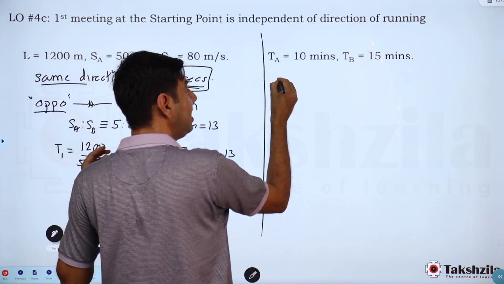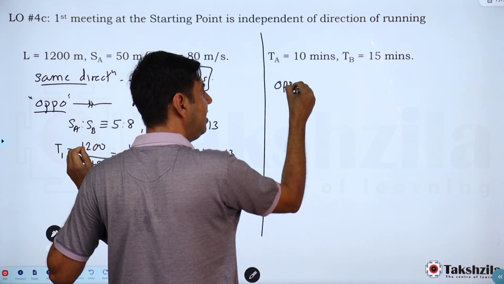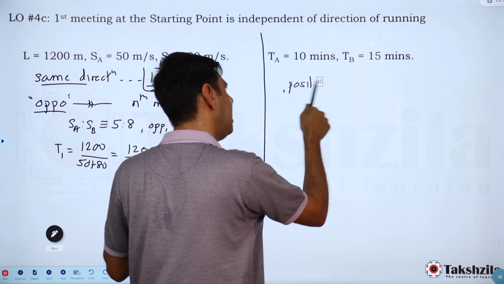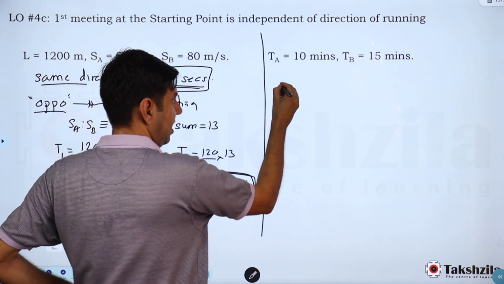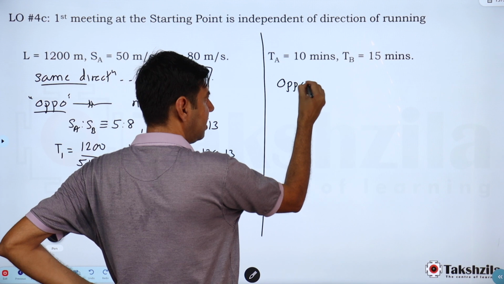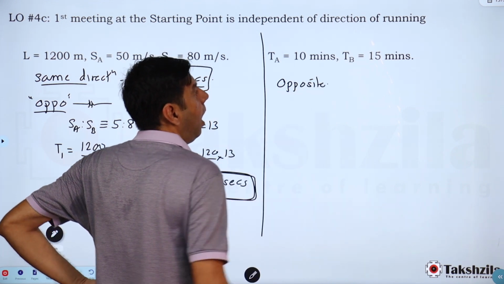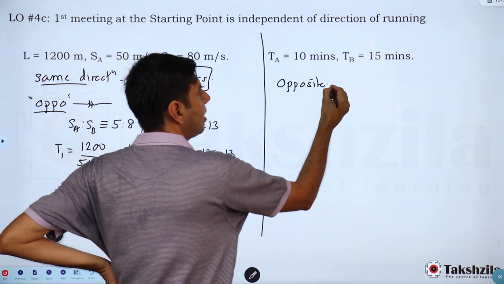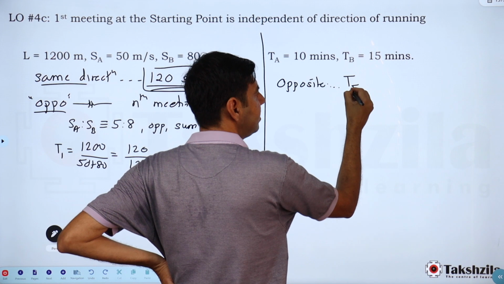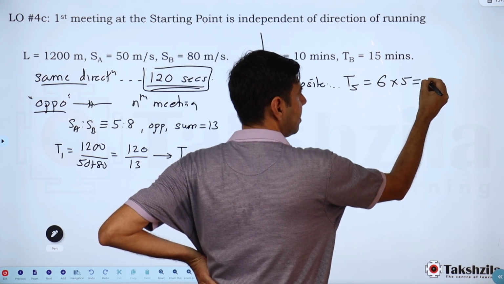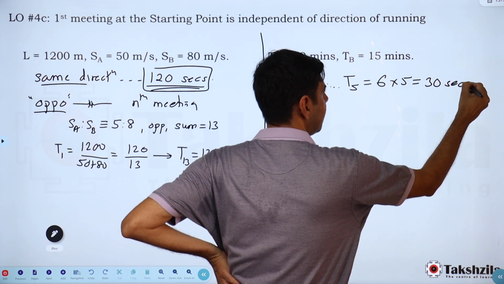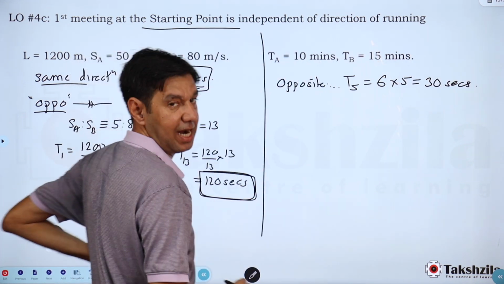Here we have seen the case when they run in the same direction, or rather, I leave this case for you to do. This will be needed in the next slide. So when they run in the opposite direction, we are talking about the fifth meeting, and the fifth meeting is the first meeting time into 5, that is 30 seconds. After 30 seconds, they meet at the starting point.